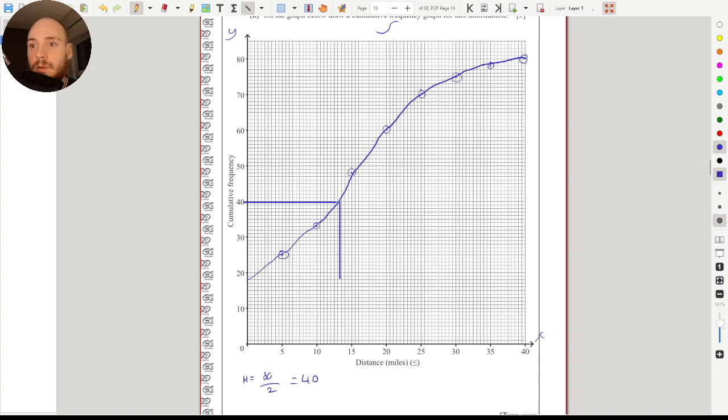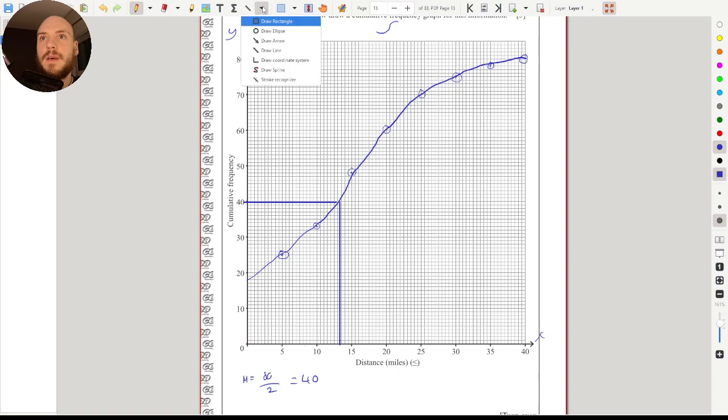This isn't gonna be totally accurate because I'm on a tablet. It looks more along this line here, which would be about 12 and a half, so about 13. So our value is going to be about 13 for the median.